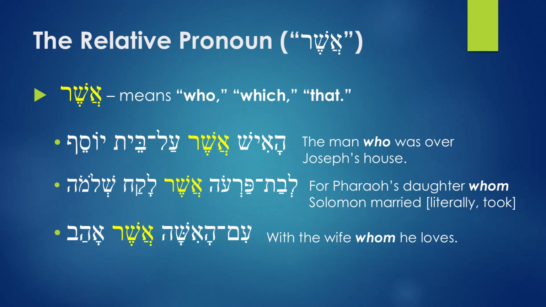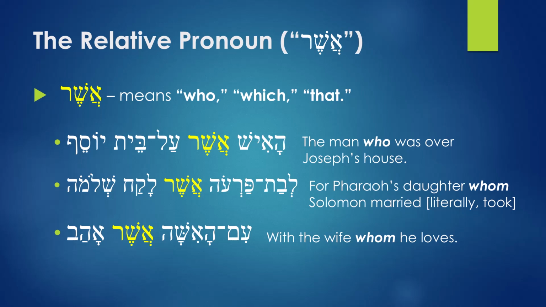Daughter, Pharaoh, in Hebrew that is construct. Daughter of Pharaoh. The first one is construct, the next one is absolute. So this of this: daughter of Pharaoh. Asher, who, lakach Shelomo. Lakach means he married. Who married? Shelomo. Shelomo means Solomon.